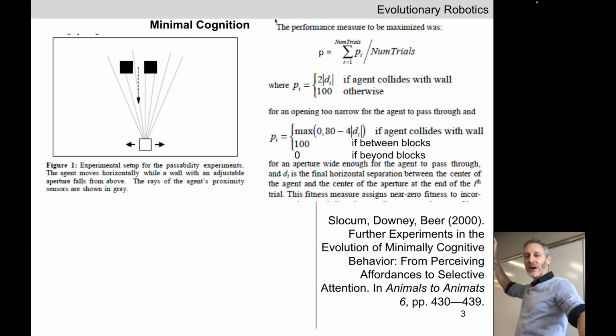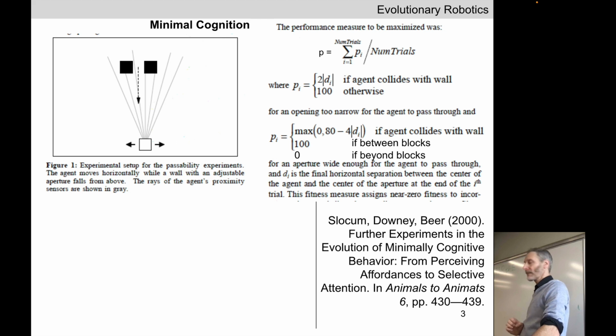They're going to place the pair of objects above the robot at differing widths, allow the pair of objects to fall, see how well the robot does with that CTRNN, reset the whole environment, do it again with the same CTRNN, and ultimately compute P, which is the average performance, or the average fitness, if you like, of that CTRNN at enabling the robot to perform affordance detection.